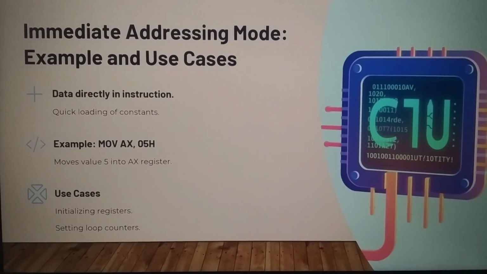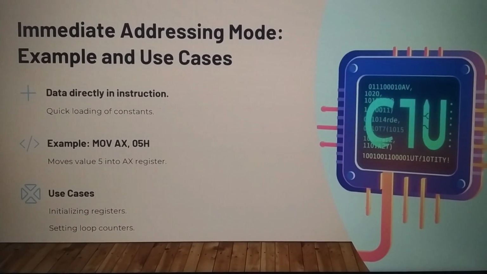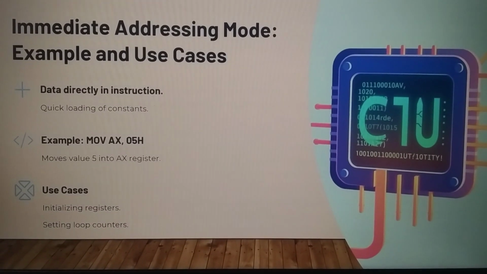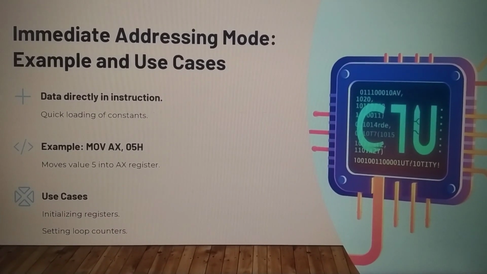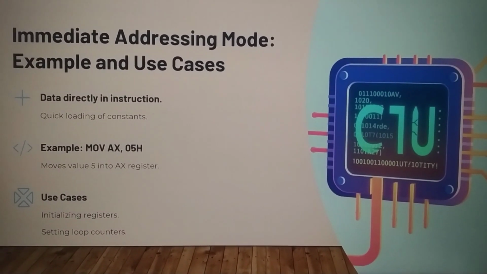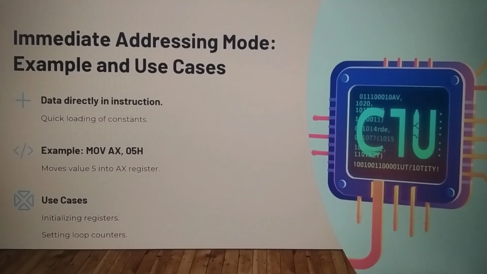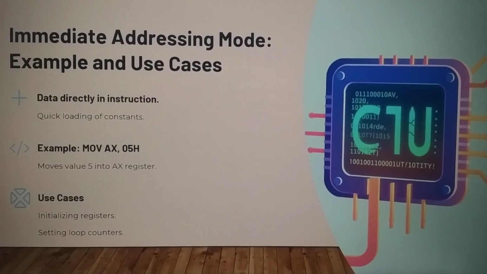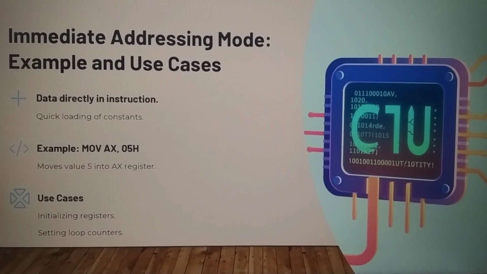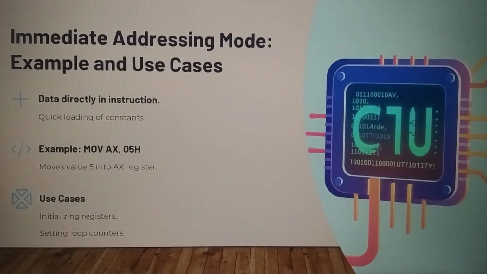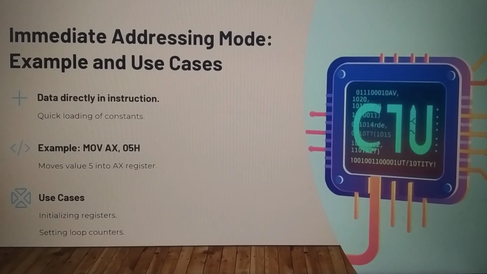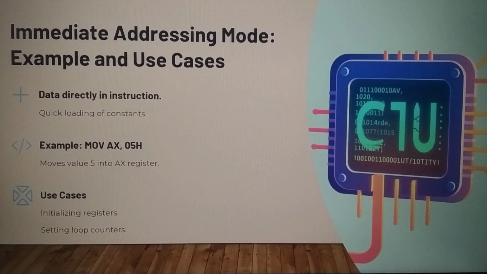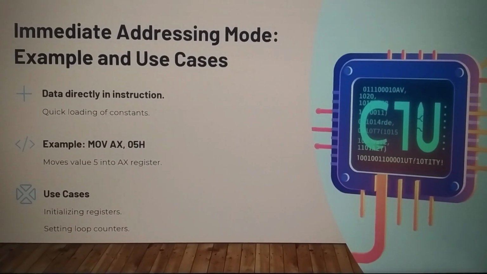In immediate addressing mode, the operand is specified directly within the instruction itself. This means the actual value to be used by the operation is embedded in the instruction, not stored in a memory location or register. For example, in the instruction MOV AX, 05H, the operand is moved directly into the register.